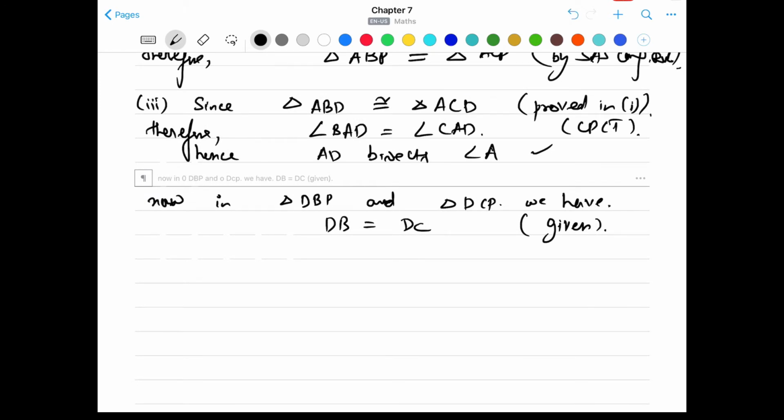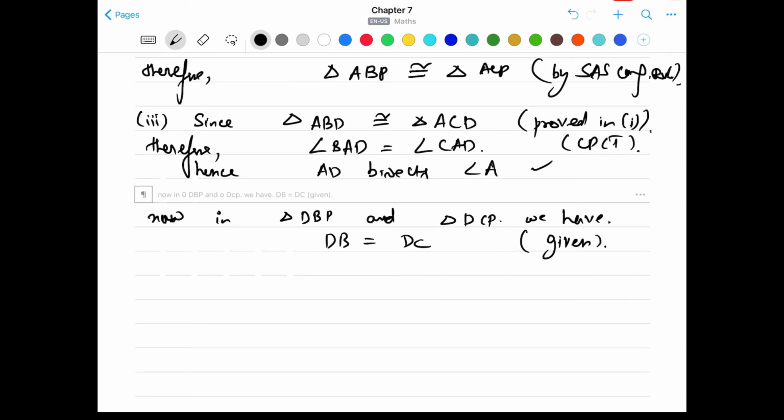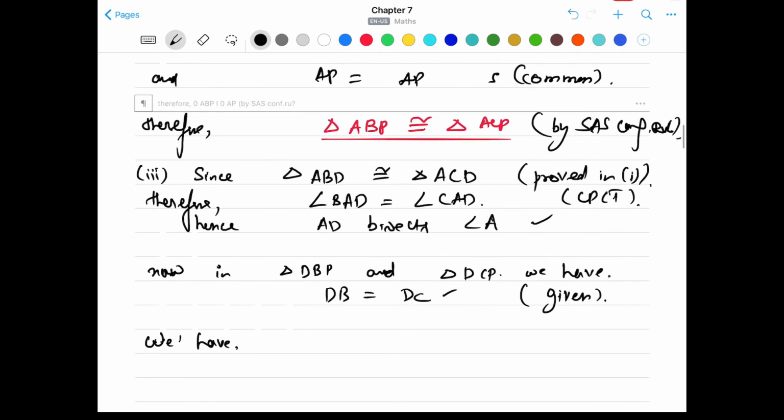Okay, now moving ahead, we have proved that these two sides are equal. Then we have that the two triangles that we have proven in the second part, ABP and ACP, are congruent, therefore their corresponding sides will be equal.